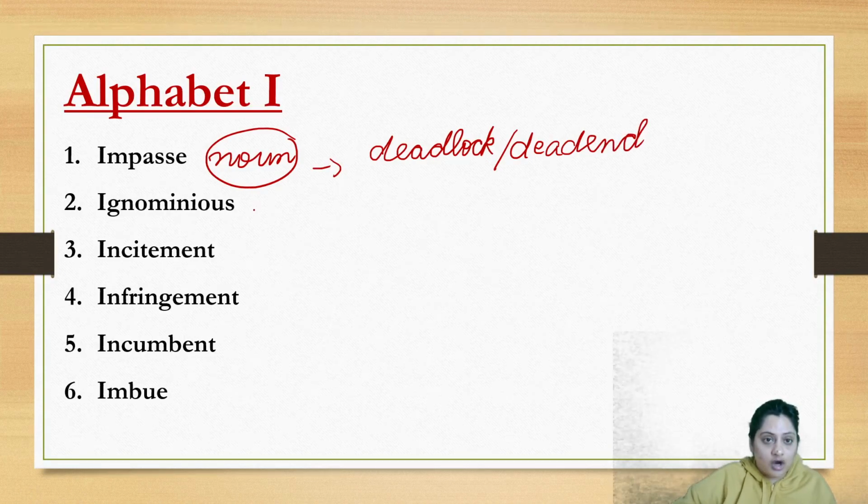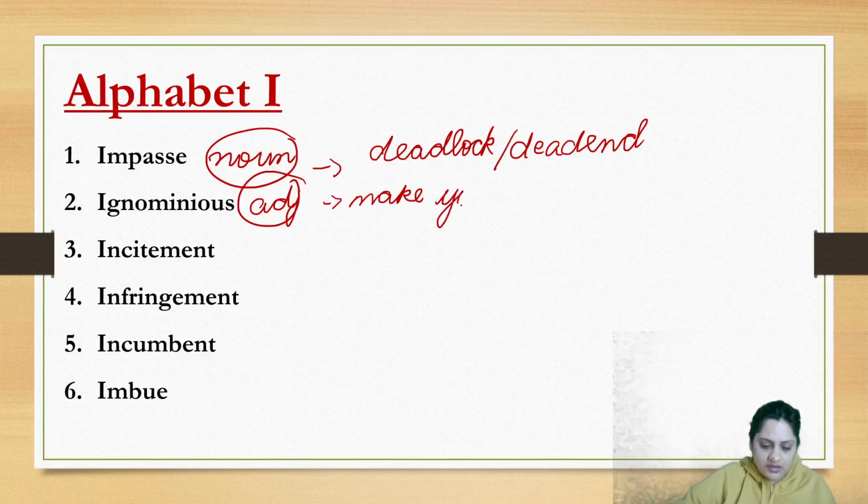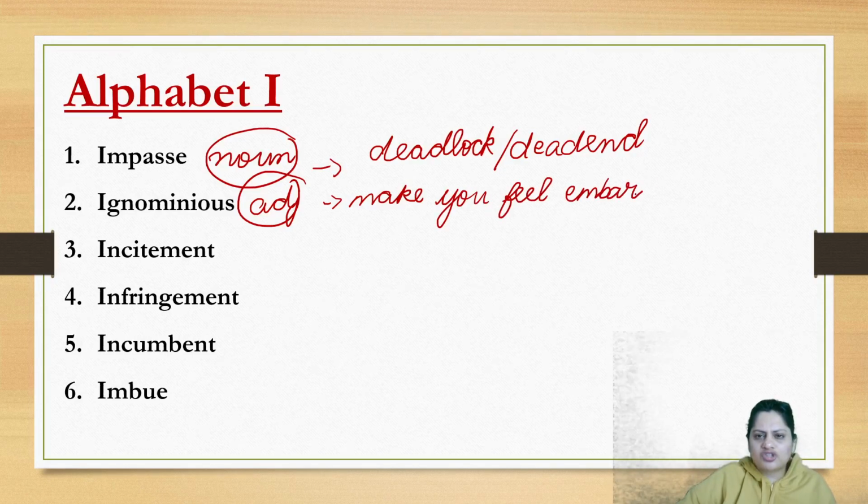Ignominious is again an adjective, something which will make you feel embarrassed. A situation which makes you feel ashamed, because of which you will be embarrassed. Ignominious, which will bring shame. Incitement is a noun, basically bhadkawa.